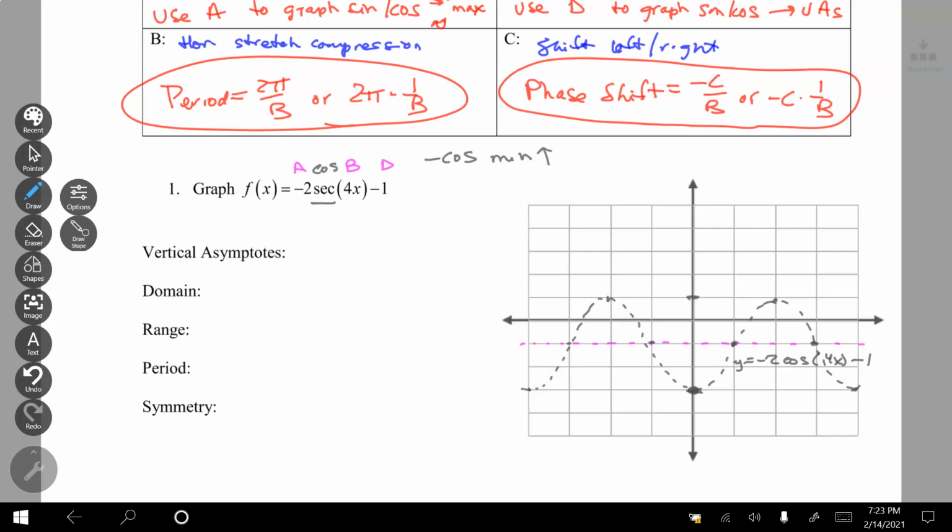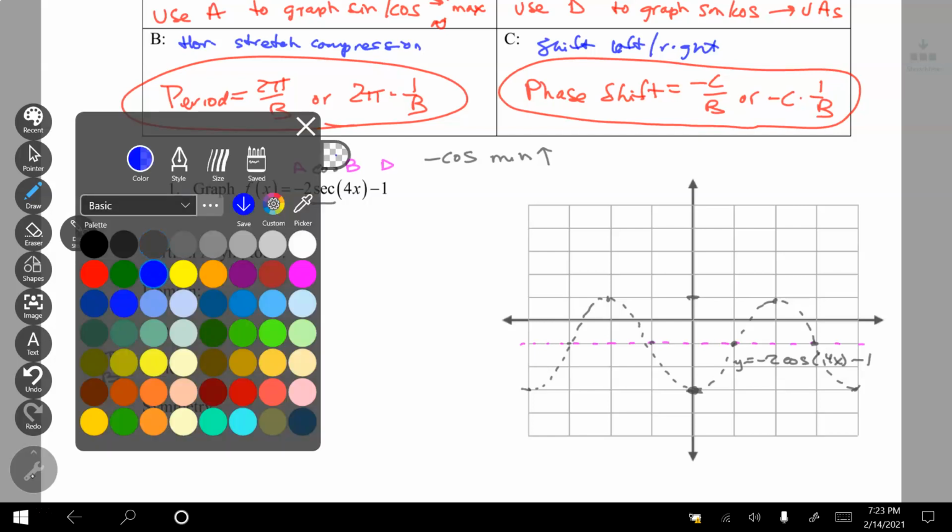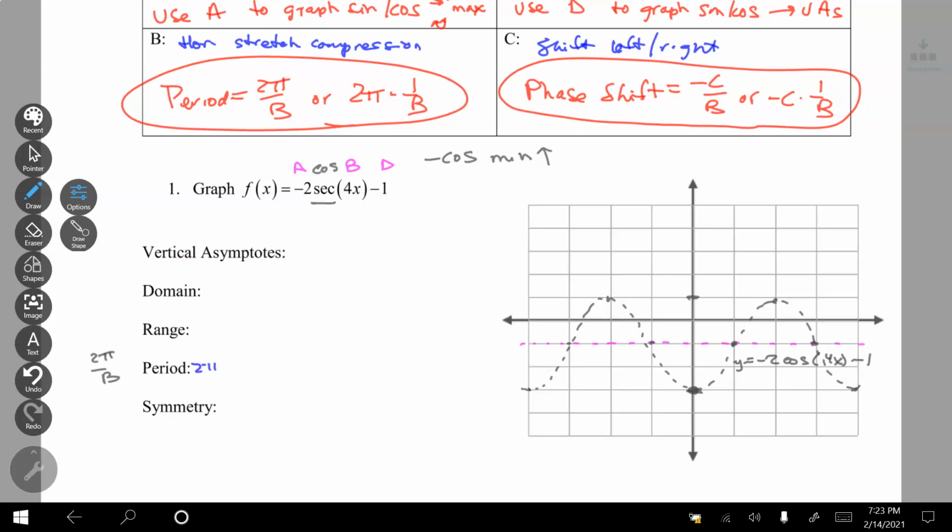I haven't labeled the x-axis yet. I'm going to do that now. I know I have to do my period as 2 pi over b, and I get 2 pi over 4, which is pi over 2. I'm going to set that up as my 4th tick mark. 1, 2, 3, 4 is pi over 2.